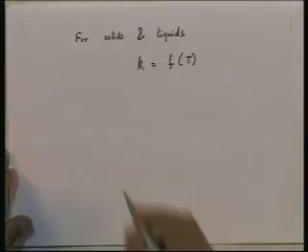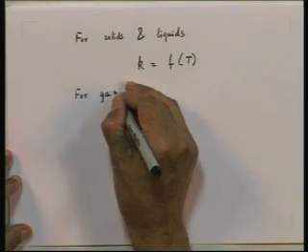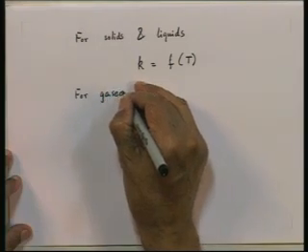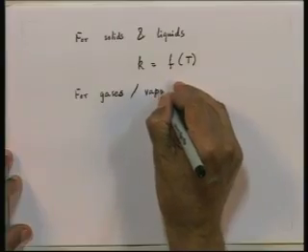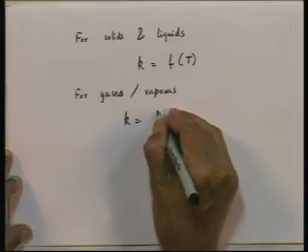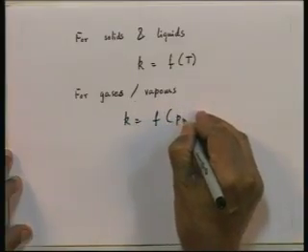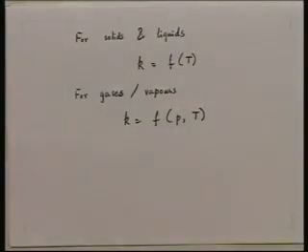And for gases like air, or vapors like steam, k is a function of pressure and temperature. In many applications, however, the variation of k over the range of temperature associated with that application is quite small.